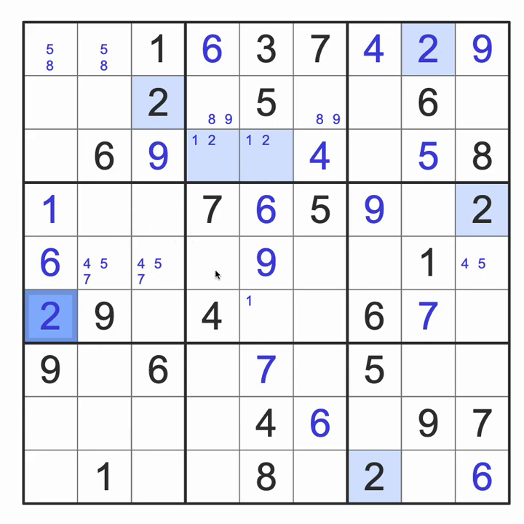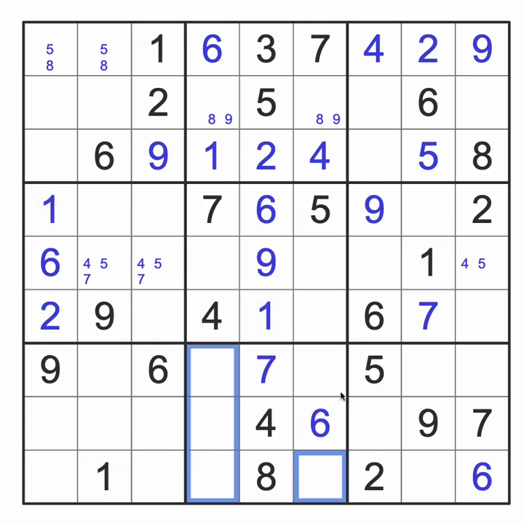And here is 2, which has made this cell 1, and now this is 2, which made this cell 1. Right, and these are 3 and 7. Now this one is placed, and these cannot be 1.